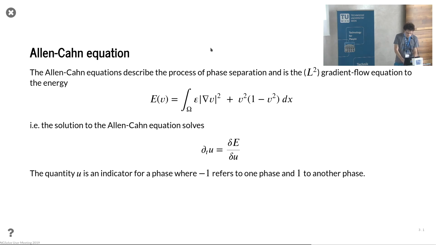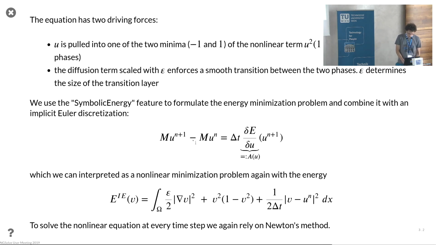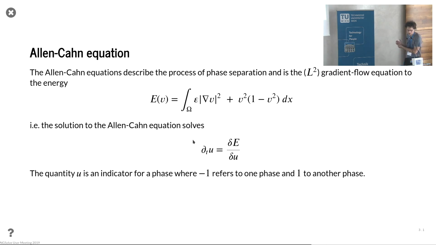No? Okay. Okay, so what we do, we again have an energy. Now it's coming from a phase separation modeling. So you want to have a function which is essentially constant. It should take the values 1 or -1. So the energy penalizes gradients, so that leads to essentially being constant.